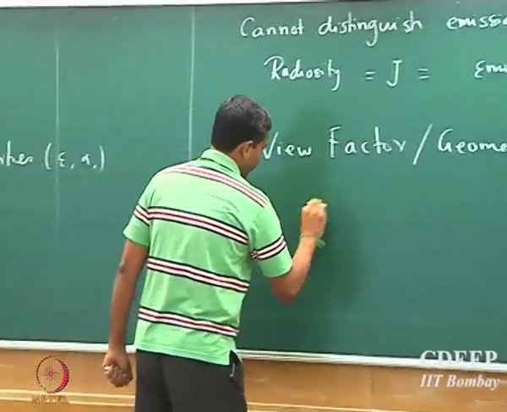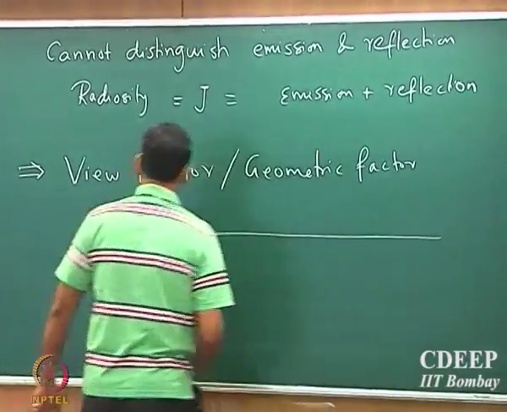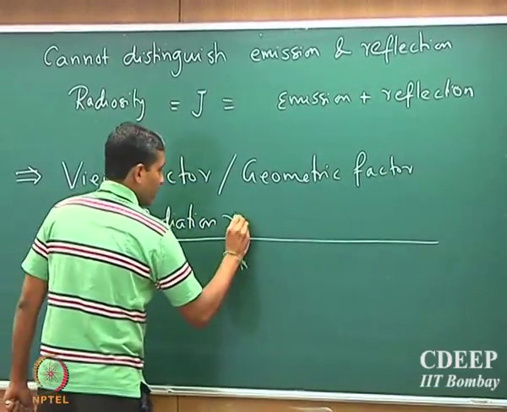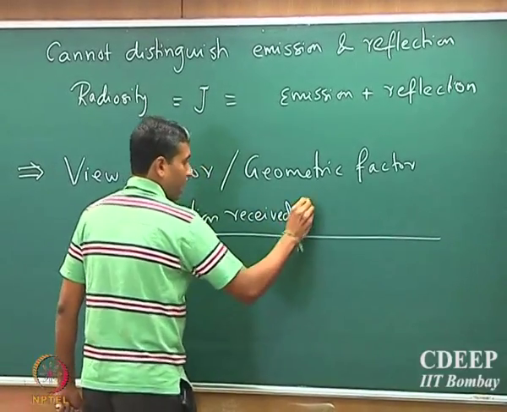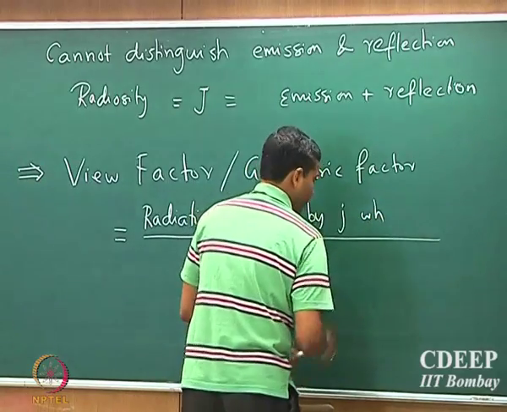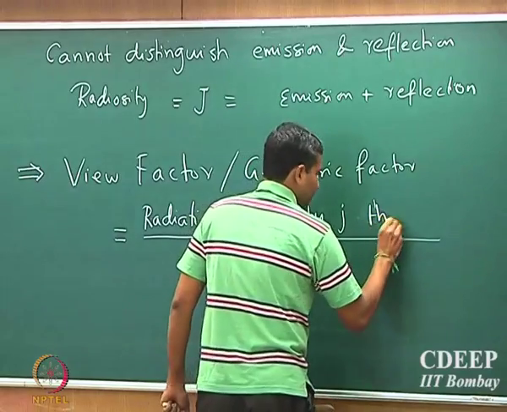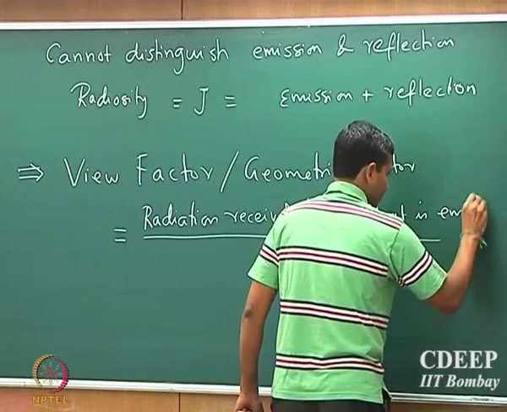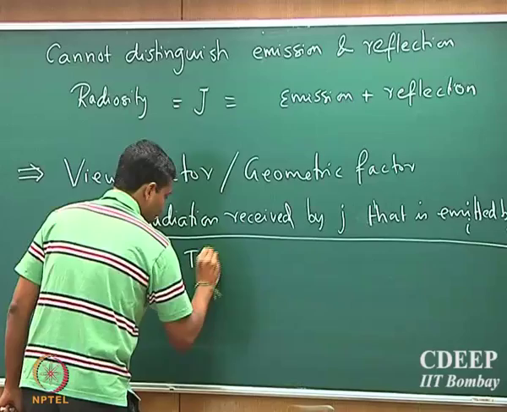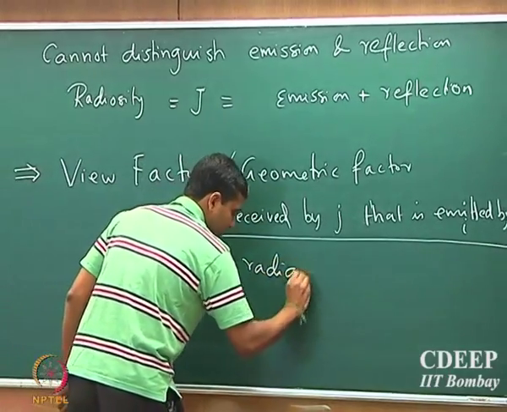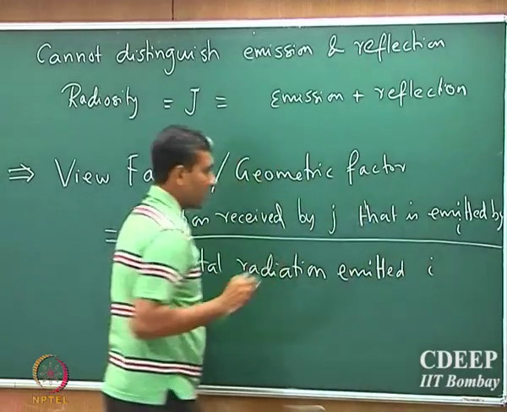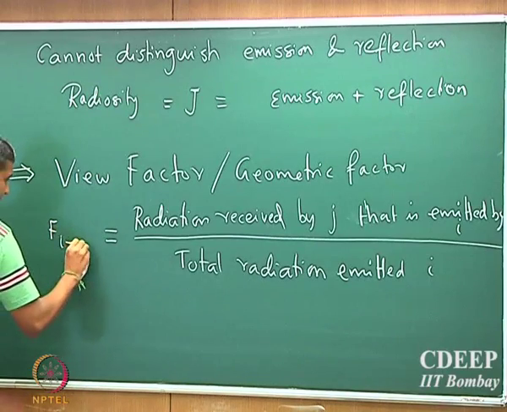It is defined as the ratio of radiation received by, let us say, object J, that is emitted by object I, divided by the total radiation emitted by object I. So this is the view factor.